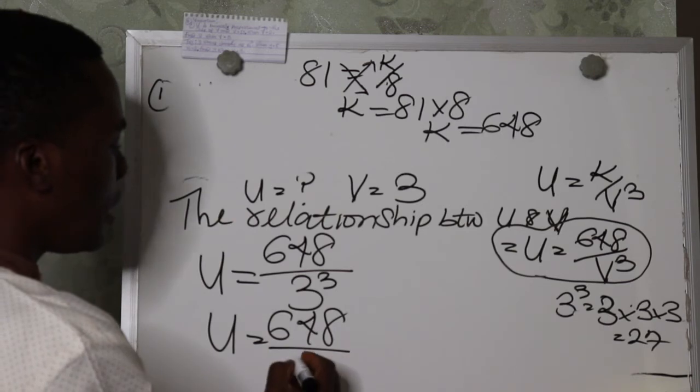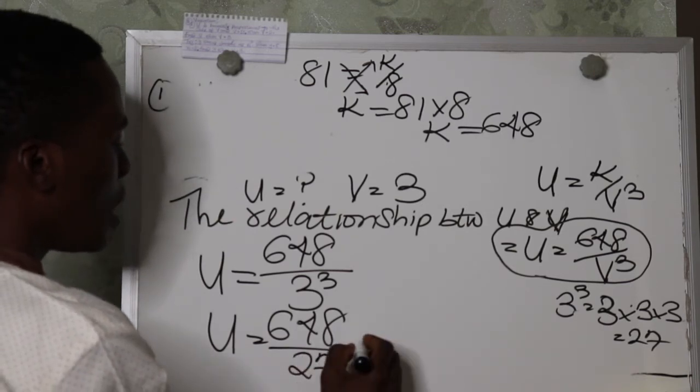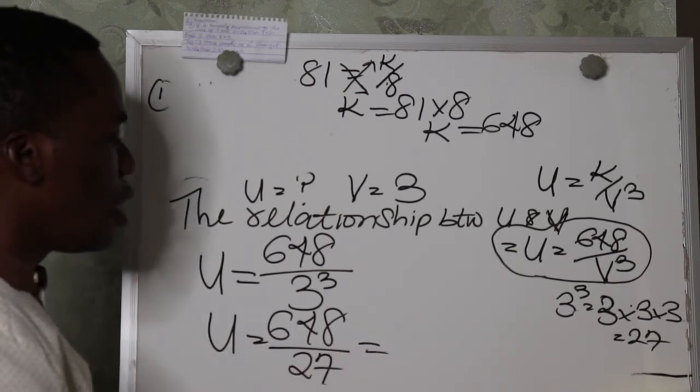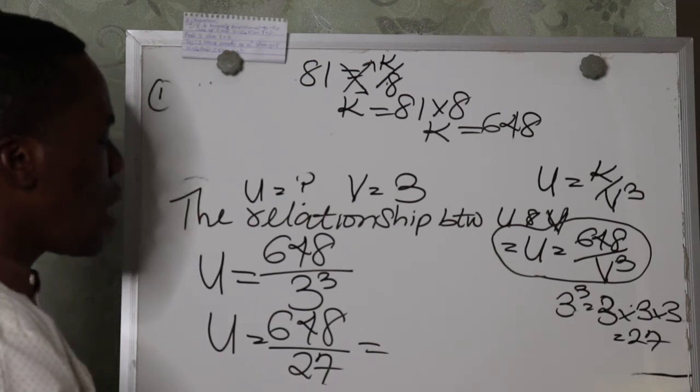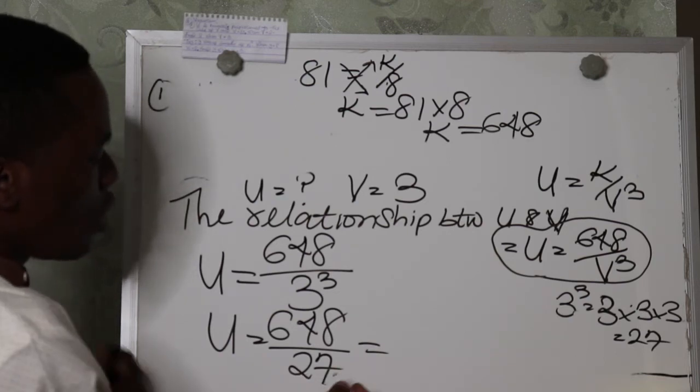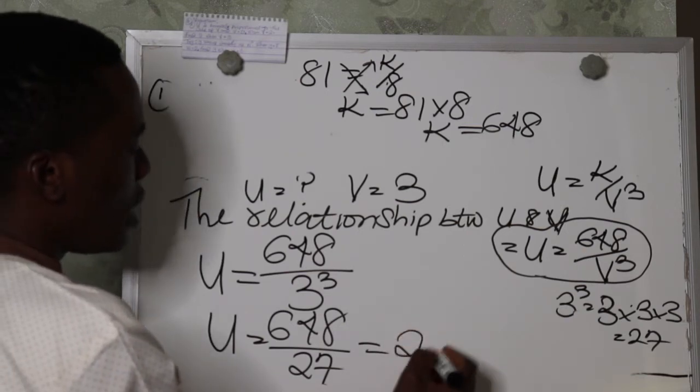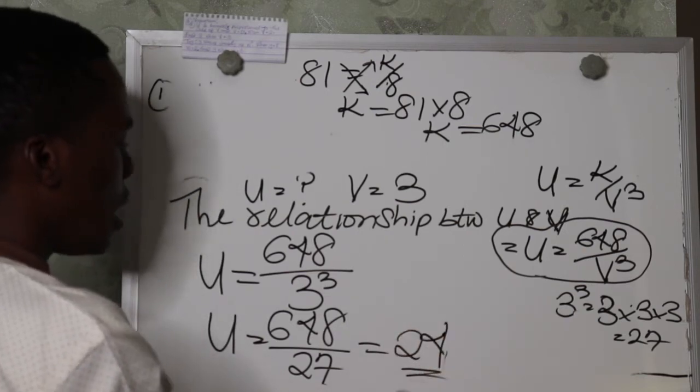So this will be divided by 27. Now I want you to simplify this. If we simplify this very well, we are going to have 24 as our result.